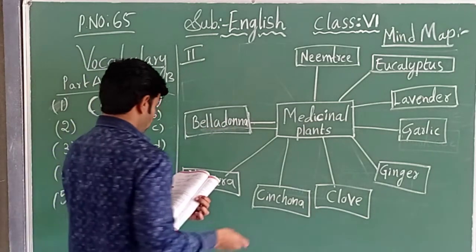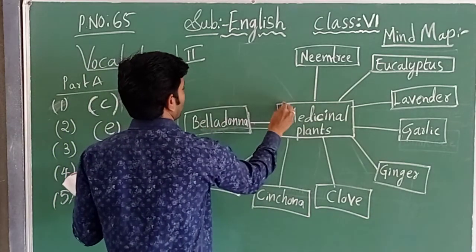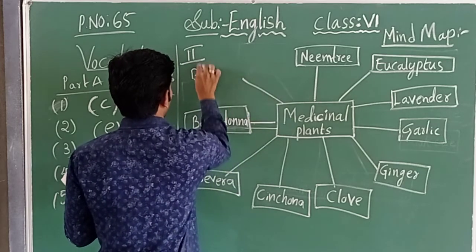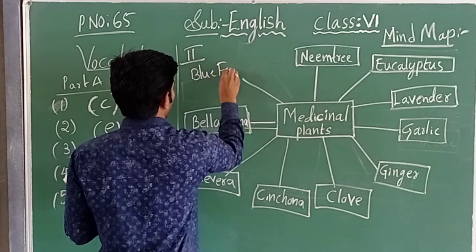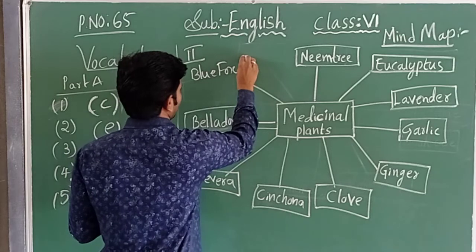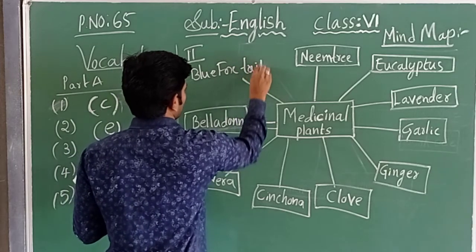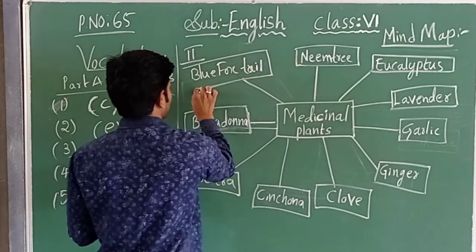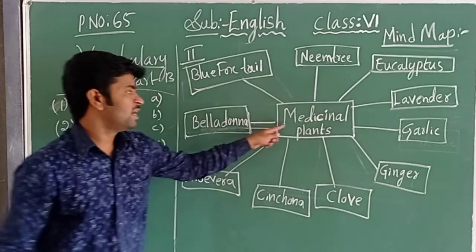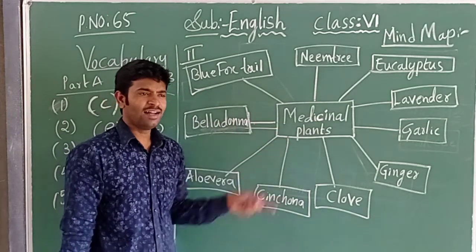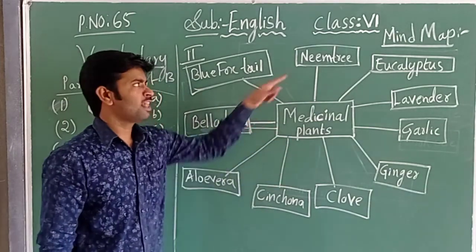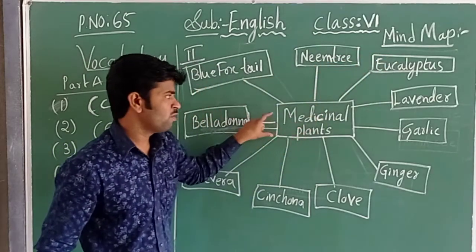BELLADONNA. Next, blue foxtail. The last one is the blue foxtail. So these are the medicinal plants. We are making the mind map of medicinal plants.